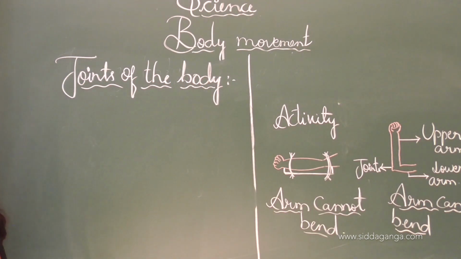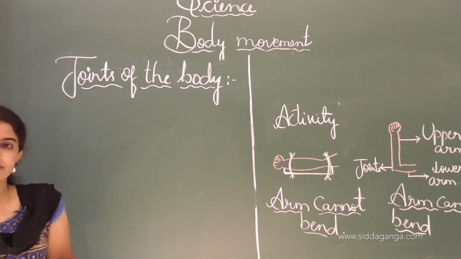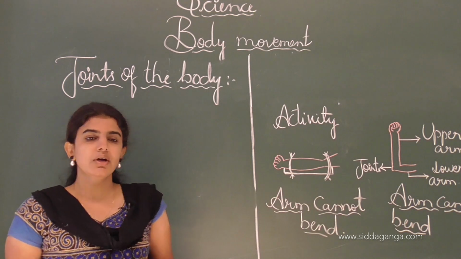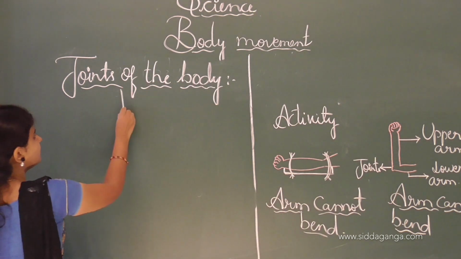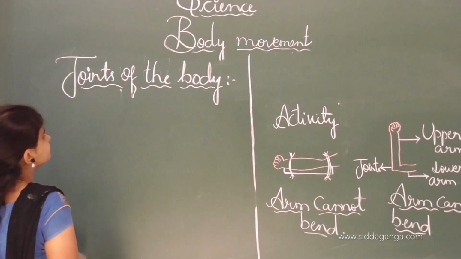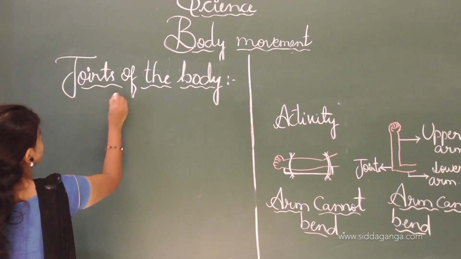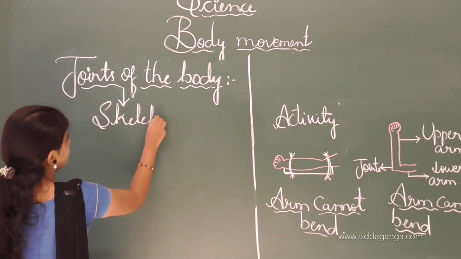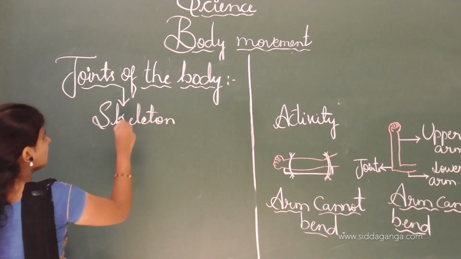Next one is the joints of the body. The skeleton of our body is mainly made up of bones as well as cartilage.